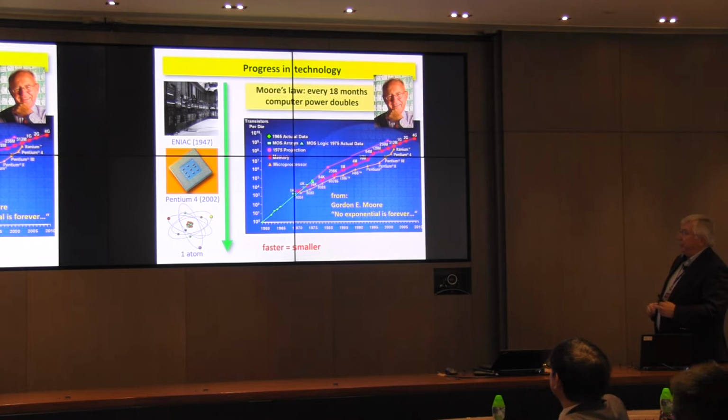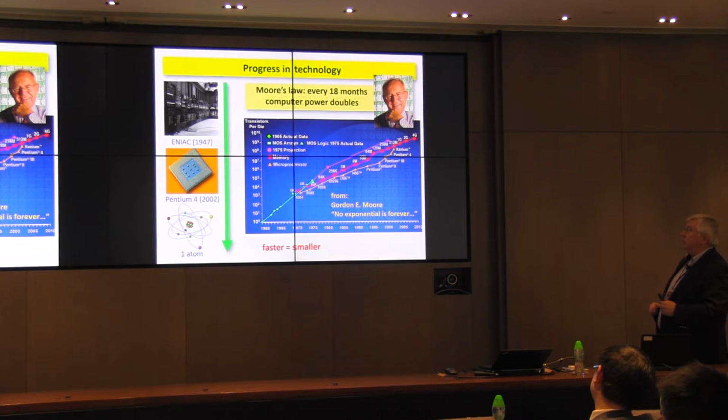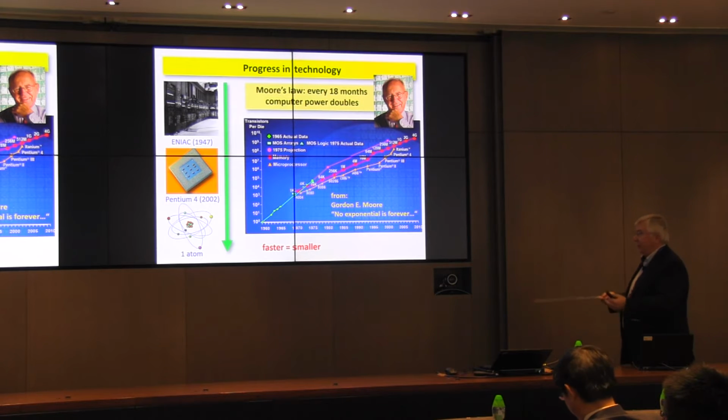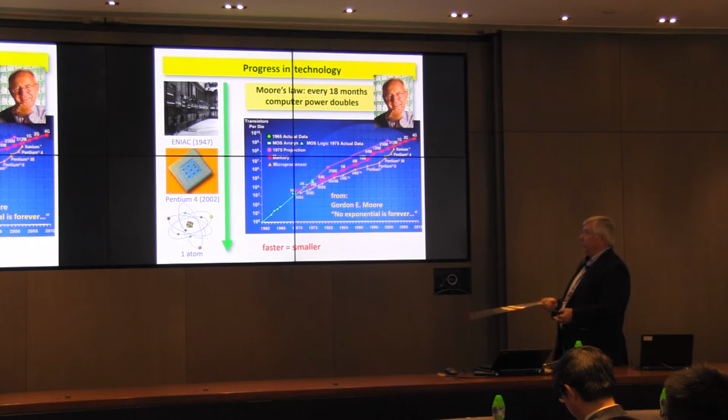And what we all know today is that the progress in technology is very often measured in terms of Moore's law. Gordon Moore is one of the founding fathers of the Intel Corporation, and he started noting more or less empirically in the 60s that the computer power in those days, actually the electronic power of these systems, increases over time.